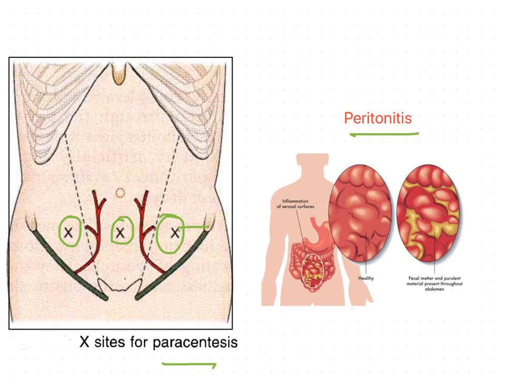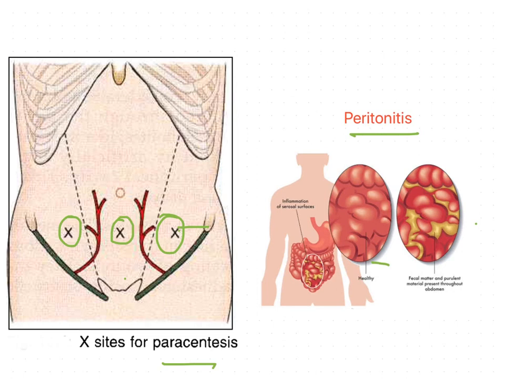This is the normal healthy peritoneum, and this one shows accumulation of fecal matter and purulent material present through the abdomen. So this is peritonitis. Inflammation of the serous layers leads to peritonitis.